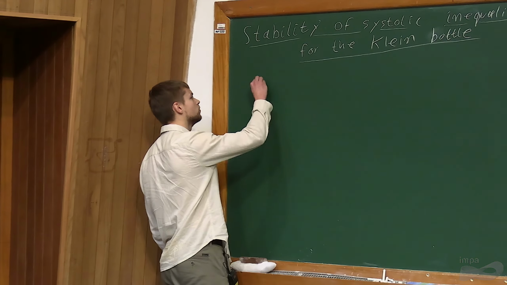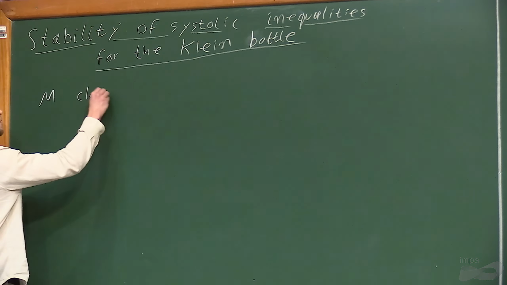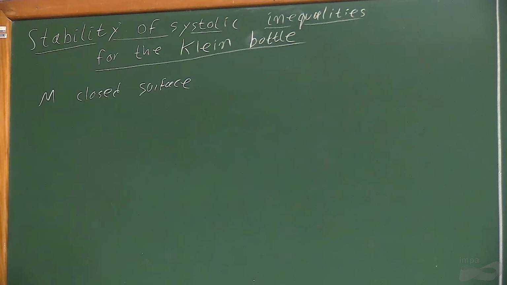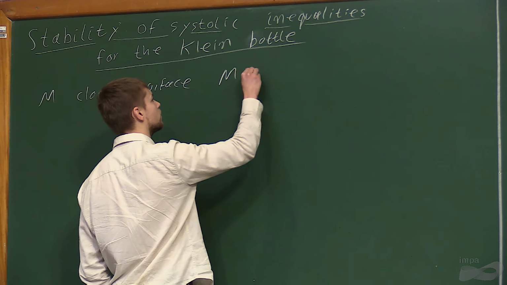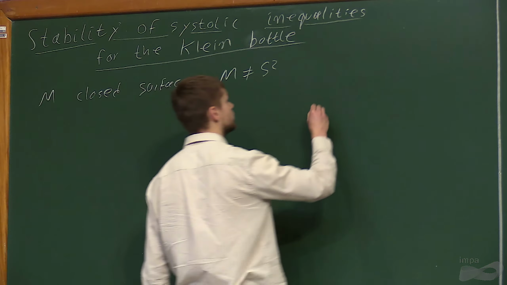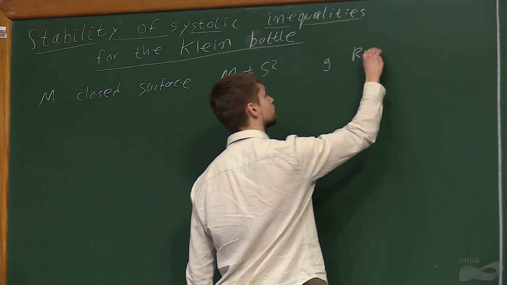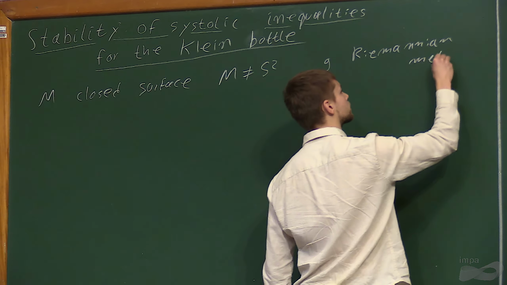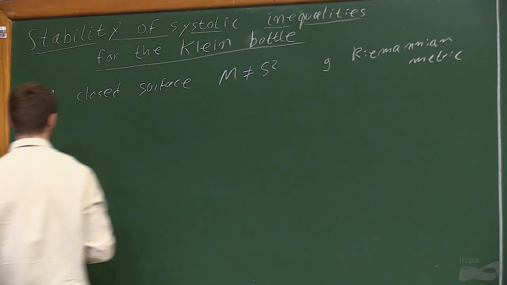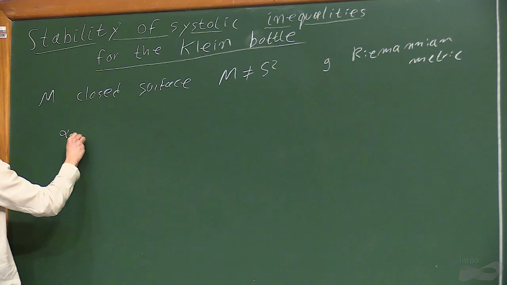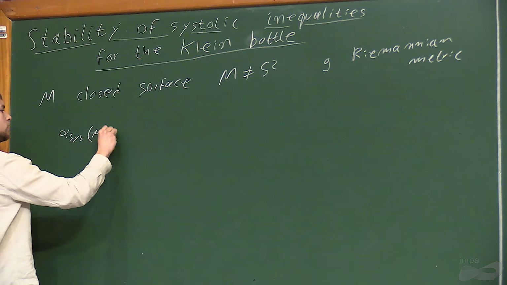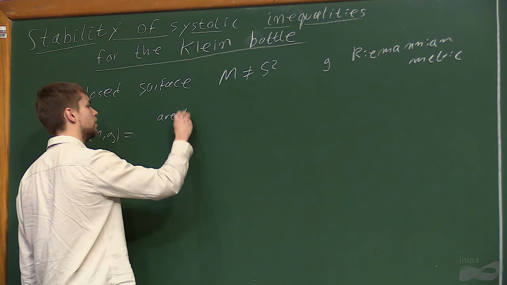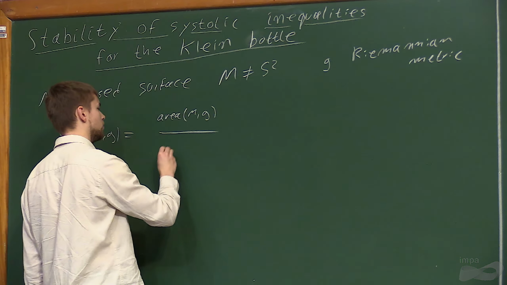So for a closed surface M, which is for me today not a sphere, so M not S2, and for a Riemannian metric g on it, I will denote with alpha sys of (M, g) the systolic area of M. So the area divided by the square of the systole.